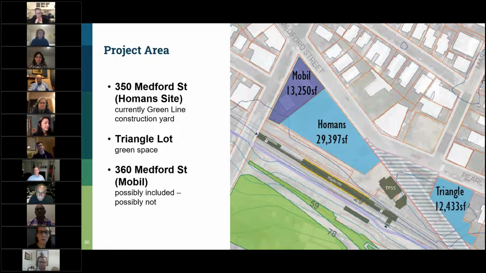When we do want to get a sense holistically about what the community wants for these areas, I don't think we want specific feedback about who wants green space on what corner of the mobile lot, or open space where on the Homan site.